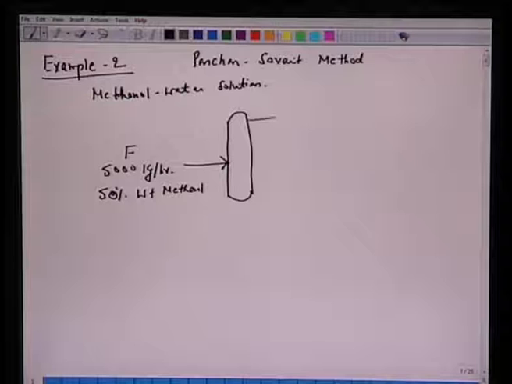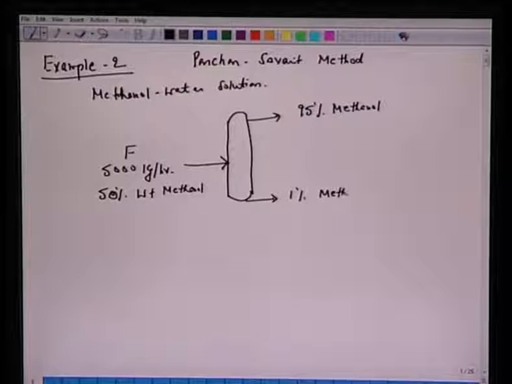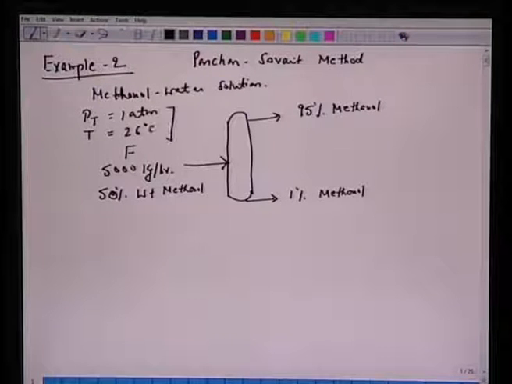And then we have the top product purified to 95% methanol, and the bottom product is 1% methanol. The distillation pressure P is 1 atmosphere and the temperature is 26 degrees centigrade. All right.